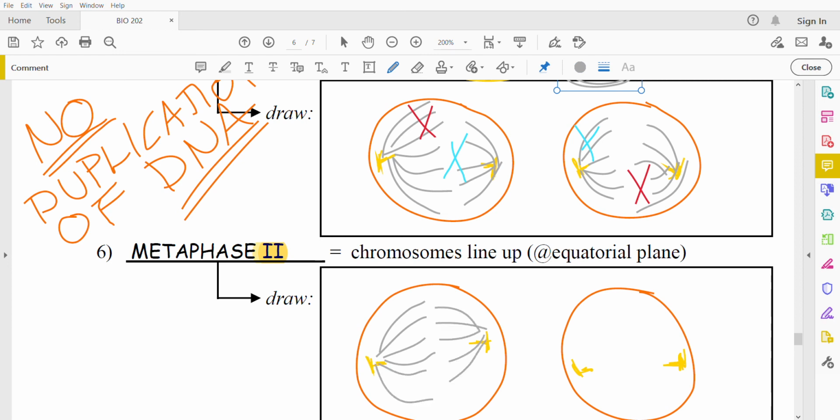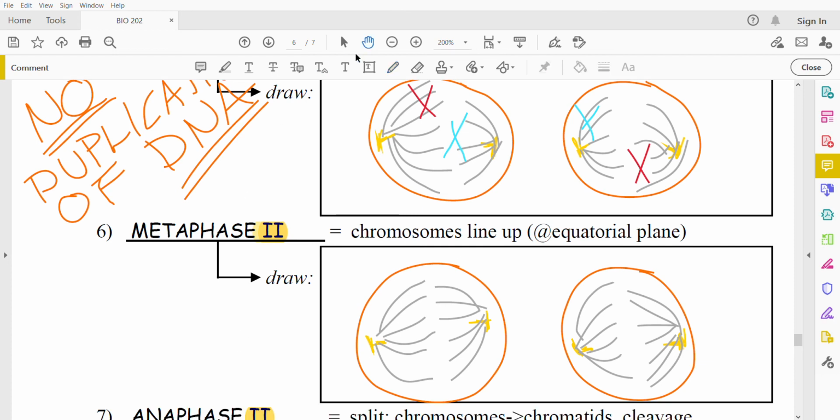And you don't have to draw the two sets of the cells if that doesn't work for you. I think it's useful because we'll notice something important at the end of this all if you draw both. But as long as you know that the second cell cycle of meiosis is similar to the mitotic cell cycle, with the only exception that the amount of genetic material hasn't been duplicated before it starts.